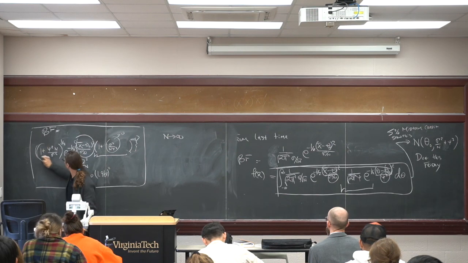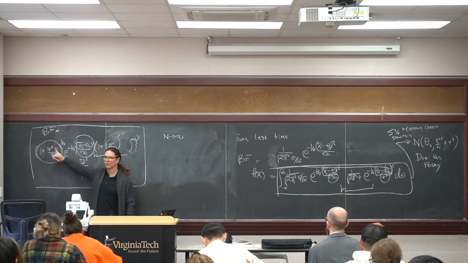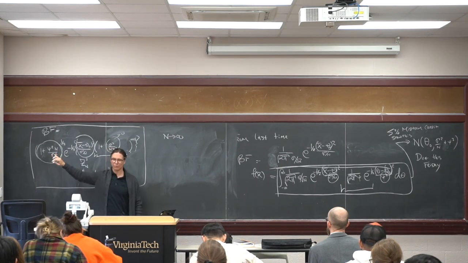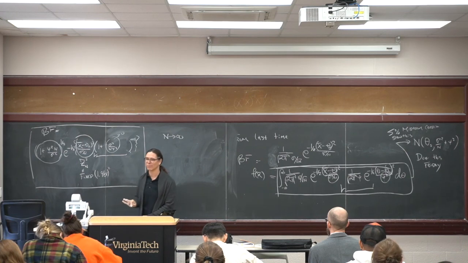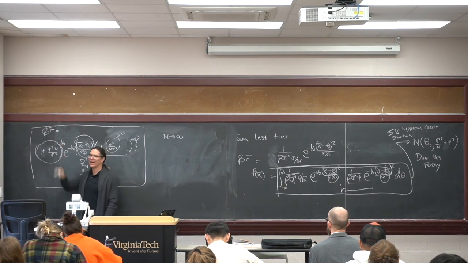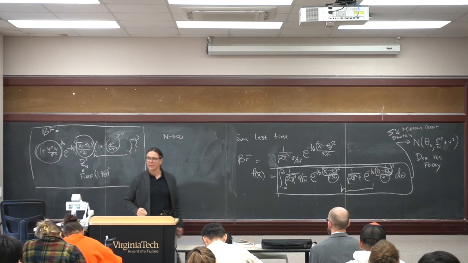What does this term go off to as n goes to infinity? What's that? Really big. Yeah, so big that we can't even describe the number anymore, so we give up and we call it infinity. So this goes to infinity, half power of that thing, it's still going to infinity.